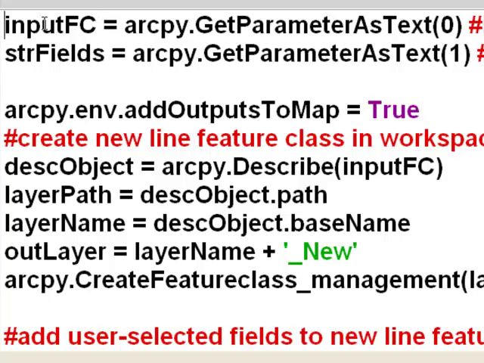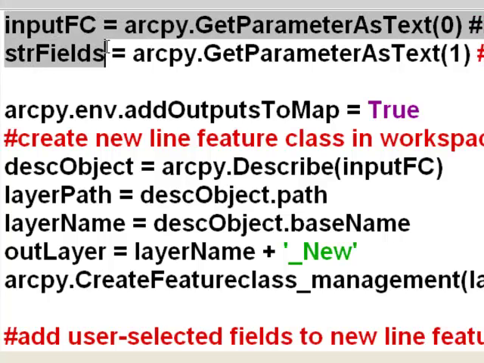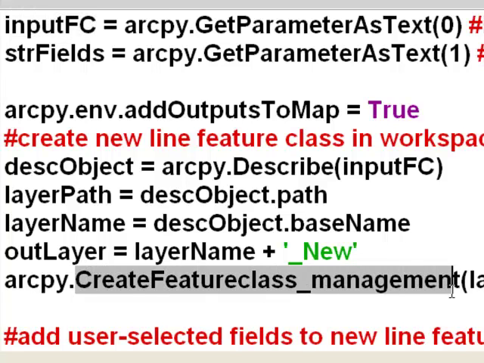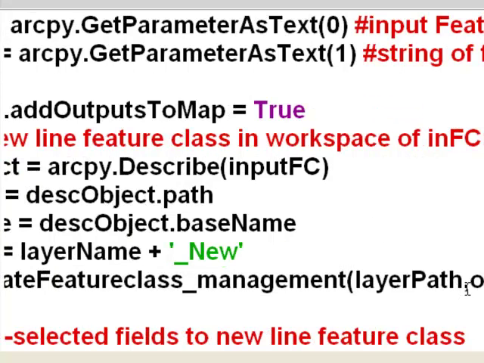Basically we have two string variables that we get from our script tool. The first is going to be an input feature class, and we use that with the create feature class tool to create our new output line feature class.